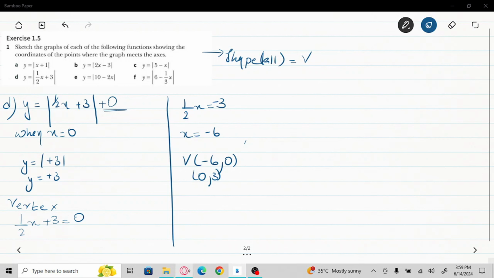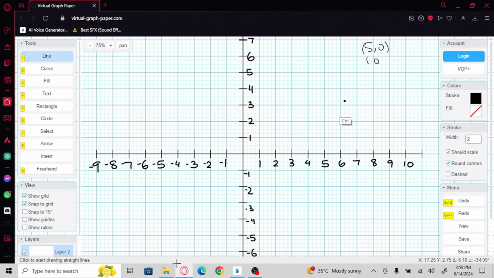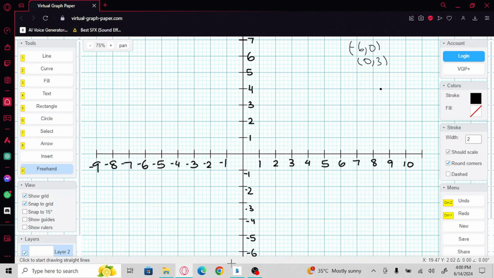Now onto the graph. Again, plot these points on the graph, -6 and 0.